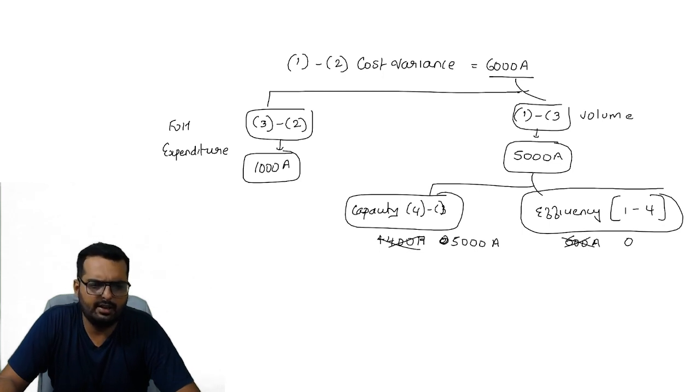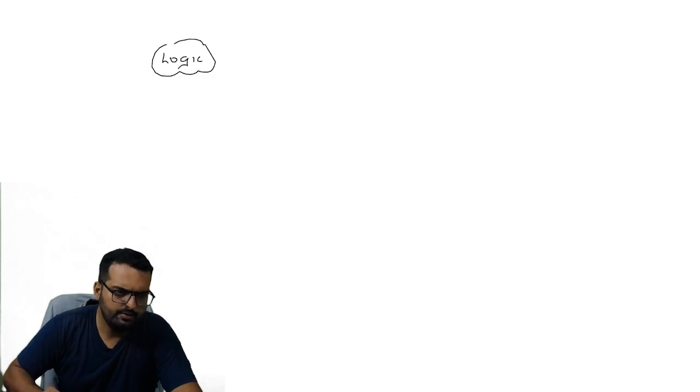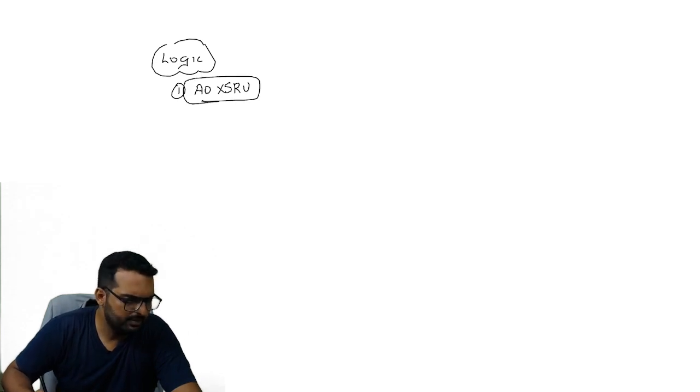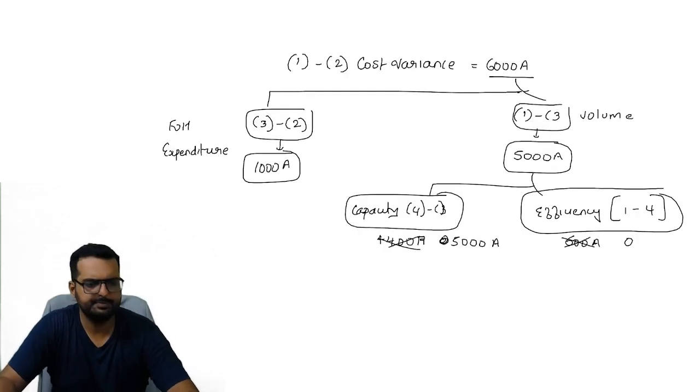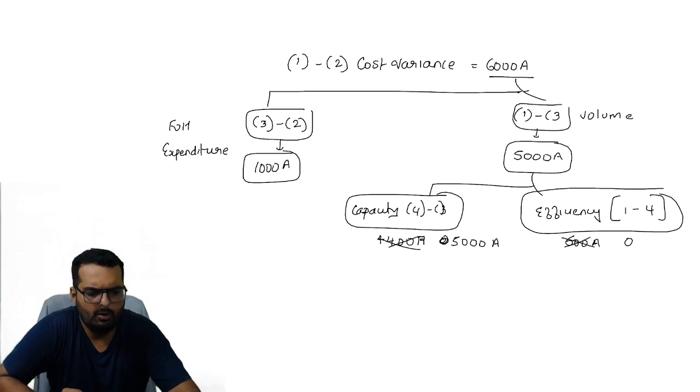I believe everybody is done writing this, friends. Now I'll give you the logic. Okay. First one will start with AO into SRU. Not done. Wait, let everyone finish. I hope I'm audible to all of you, right?